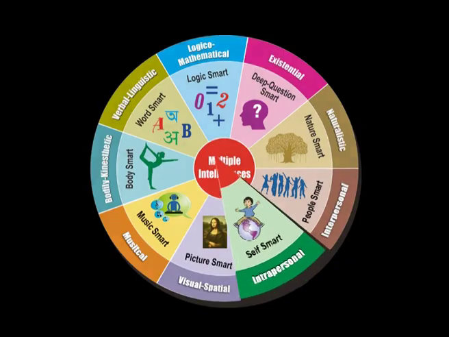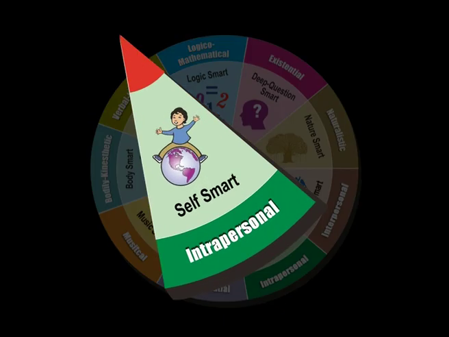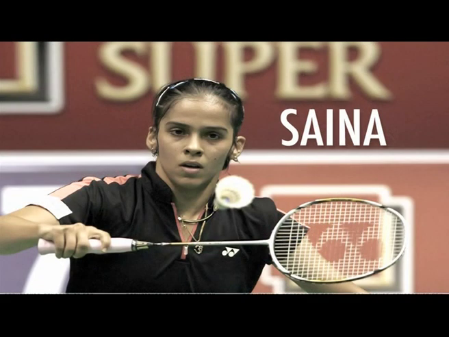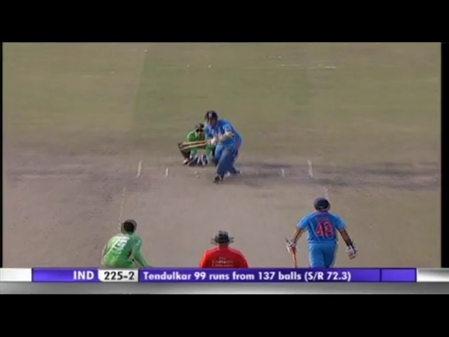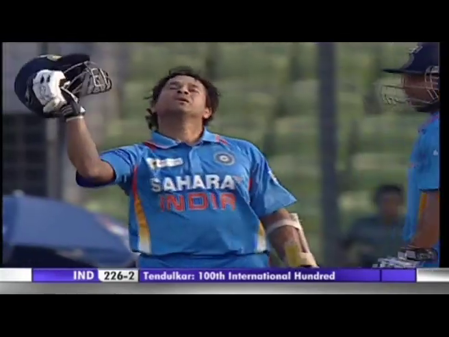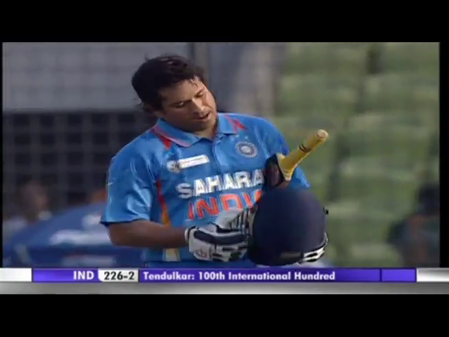Yet another is called intrapersonal intelligence. Intelligence that helps one keep cool, manage the emotion. I always admire Saina Nehwal, the great badminton player. Have you noticed whether she is defeated or she has won, her smile is on. Same with Sachin Tendulkar after he scores a century, or occasionally if he gets a duck, the smile remains unchanged.